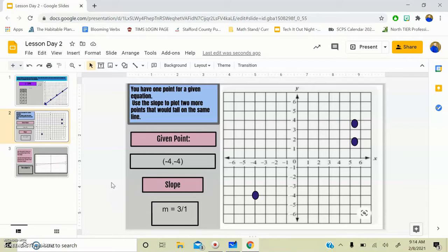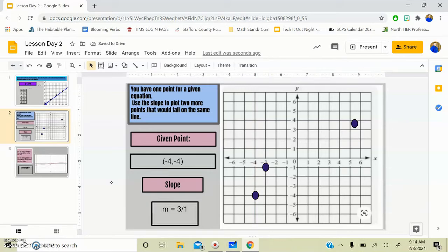This is also why we use fractions as opposed to decimals. We see that rise over run, so we like to keep our slope in fraction form. If I know that my slope is 3 over 1, so it's going to be rise 3 over 1. My new point's going to rise 1, 2, 3, and then over 1.